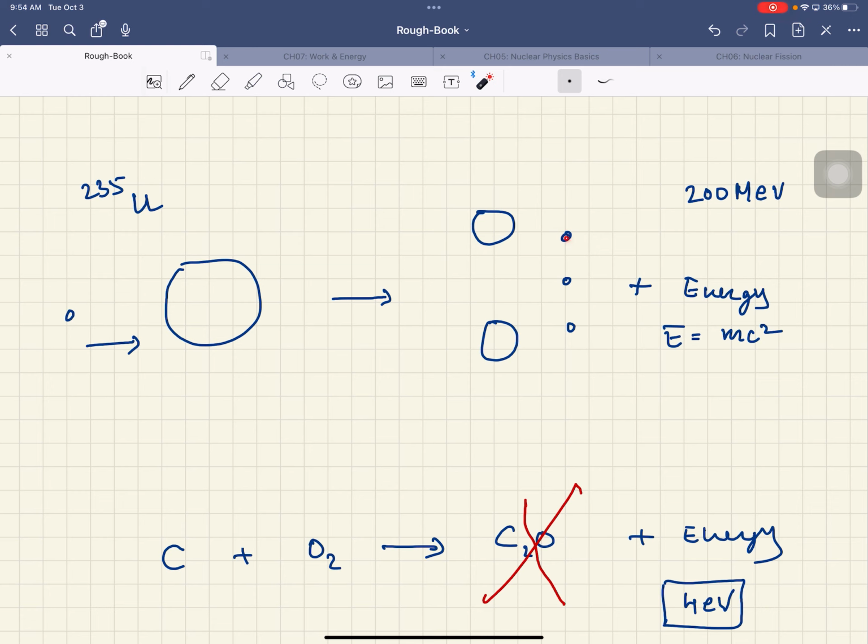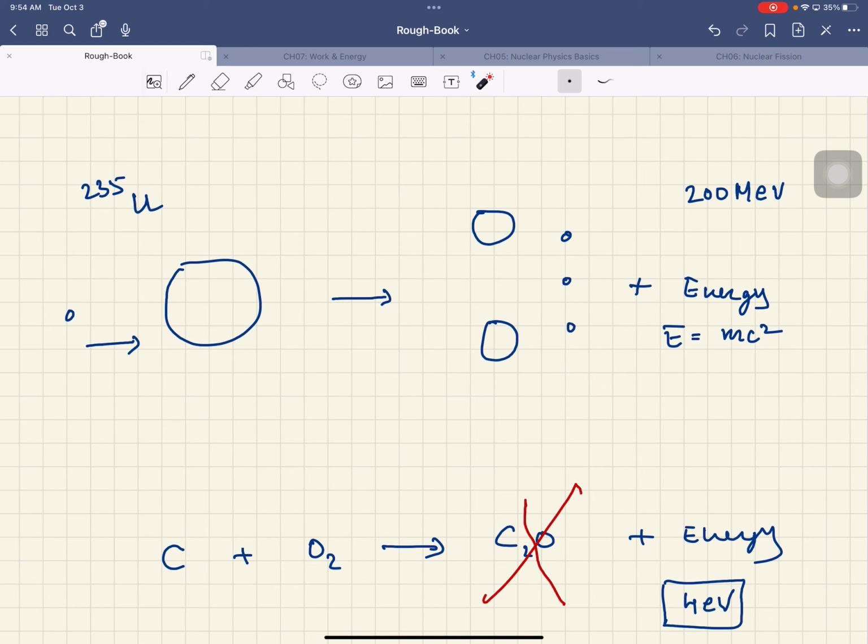If less than one neutron produces a reaction, that reaction will eventually die out. You use one neutron to split a nucleus, and then if this guy splits another nucleus, and that guy splits another nucleus, you can maintain that chain reaction. If more than one neutron produces a reaction, that's an atom bomb.